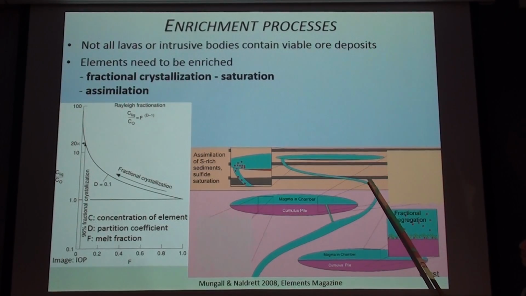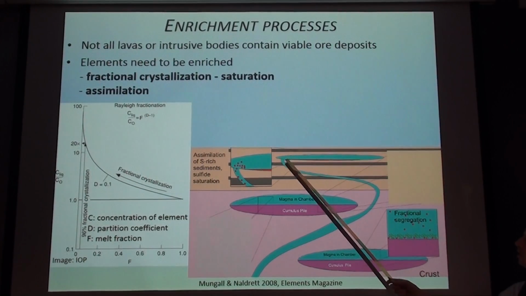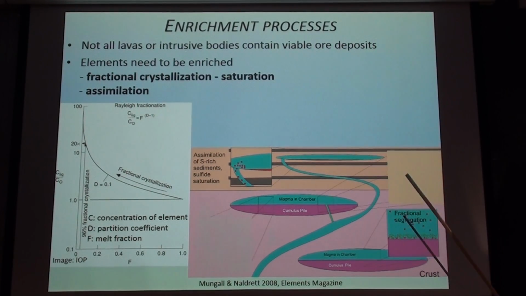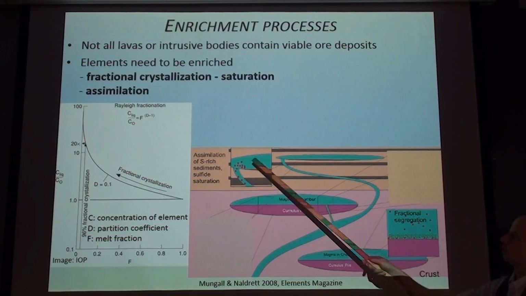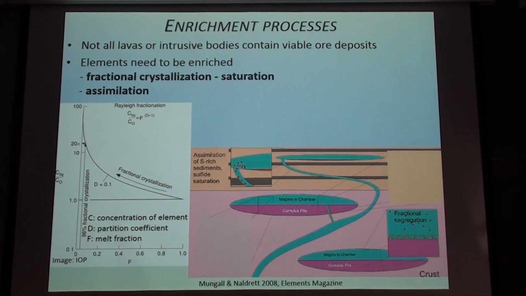If the magma is rising and intersecting some sulfur-rich sediments, the magma is hot. It can entrain parts of these sediments and assimilate the sulfur, which enriches the magma in sulfur and might cause saturation of certain selected sulfides, and so we end up with precipitation of sulfides.